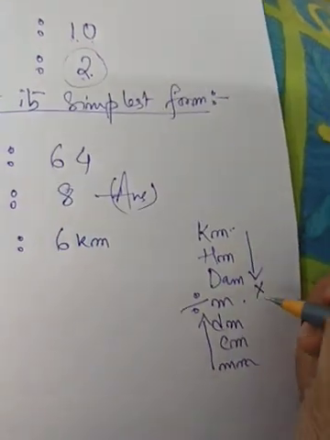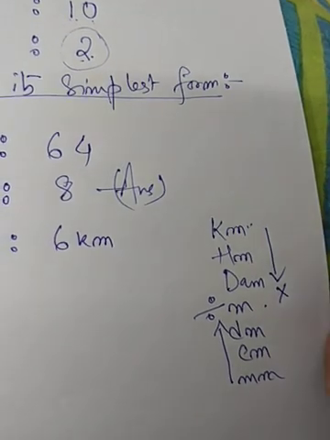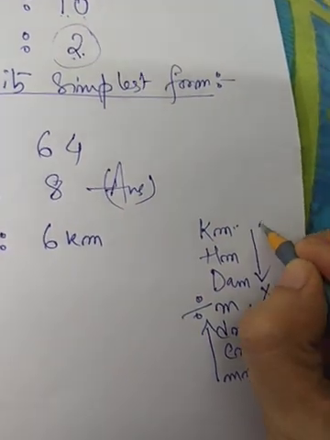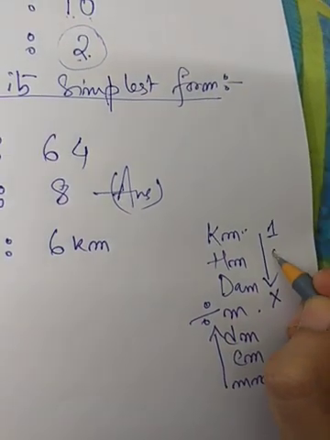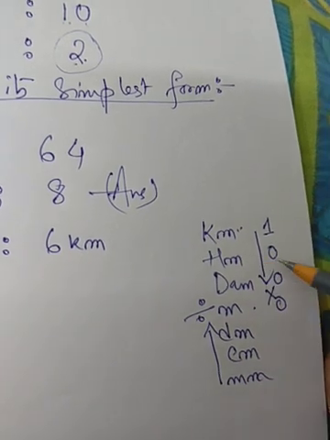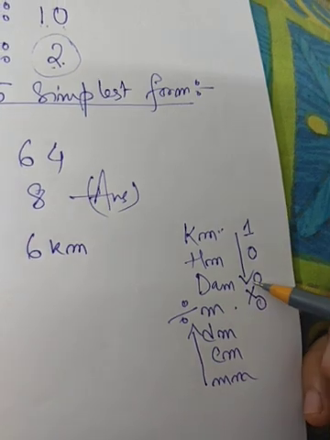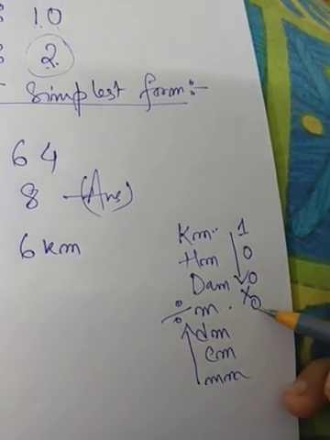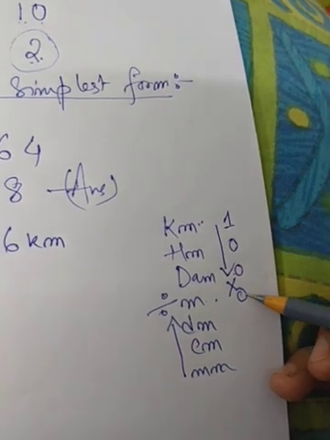So with what number should we multiply? We have to put 1 in front of kilometer. Until meter we will put zeros. So there will be a 0 in the place of hectometer, a 0 in the place of decameter and a 0 in the place of meter. So it is 1000.